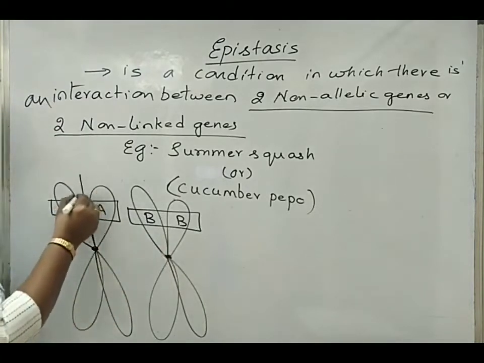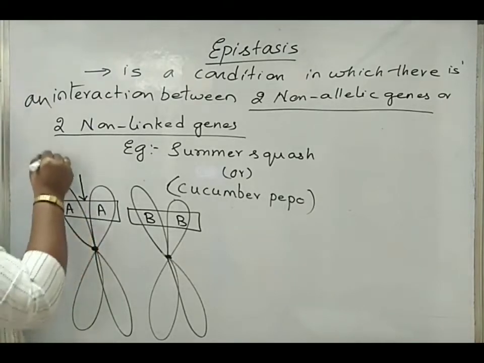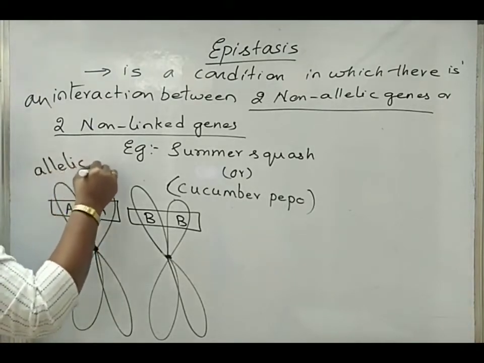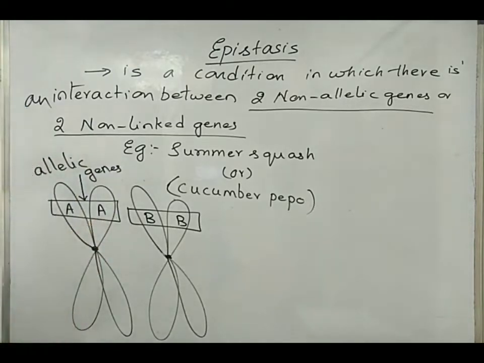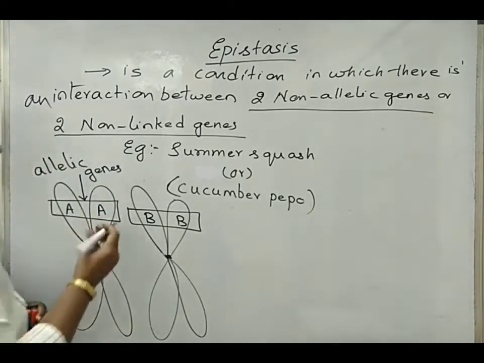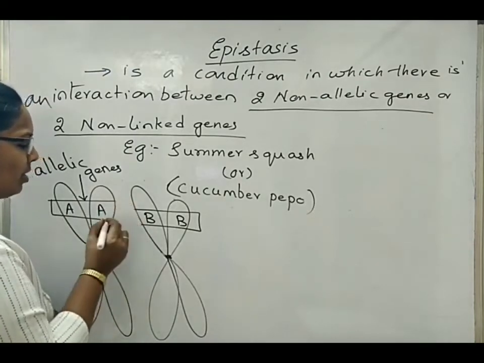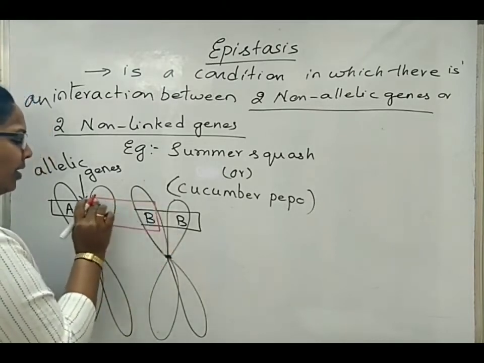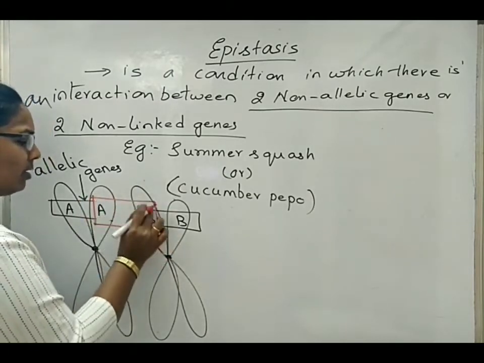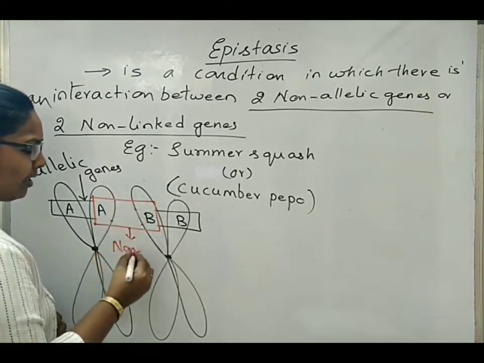The allele forms that are present on one chromosome are called allelic genes. The allele forms present on two different chromosomes of a homologous pair, A and B, we call non-allelic forms or non-allelic genes.